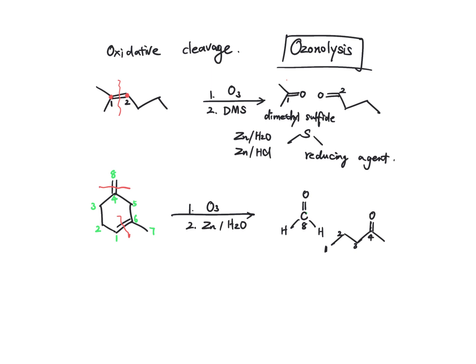Carbon 1 is the carbon which had a carbon-carbon double bond, so that bond breaks, and carbon 1 will have a carbon-oxygen double bond. From the other side, 4 connects to 5, and then carbon 6. Carbon 6 is the one that had the carbon-carbon double bond, now cleaved to form a carbon-oxygen double bond, and carbon 7 is connected to carbon 6. So that is the second product. Through this ozonolysis reaction, you have 2 products.